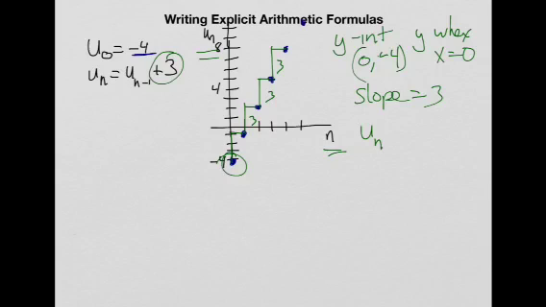So this would give me the equation using n and u sub n. My u sub n value is going to be my starting value, which is not 3. Let's go back here. My starting value is negative 4. And then each time my n increases by 1, I go up another 3. So I get this equation: u sub n equals negative 4 plus 3n.